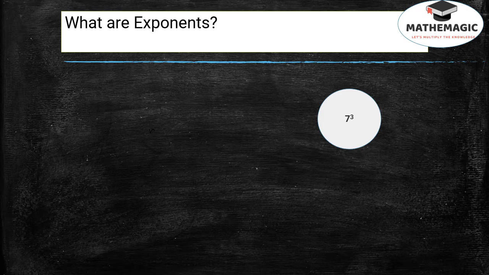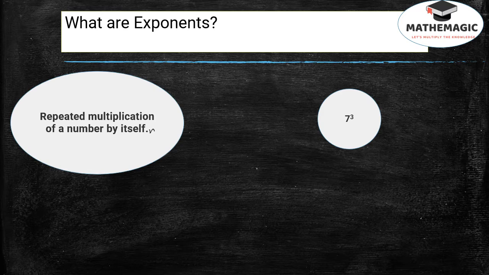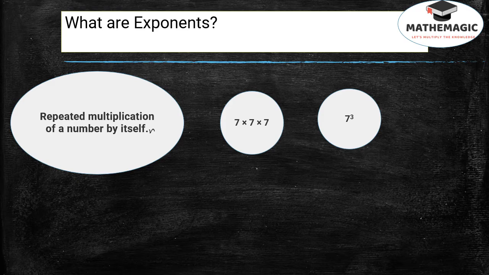So what are exponents? Exponents are used to show the repeated multiplication of a number by itself. For example, if you have 7 multiplied by 7 multiplied by 7, then it can be represented as 7 to the power 3, or 7 raised to the power of 3.